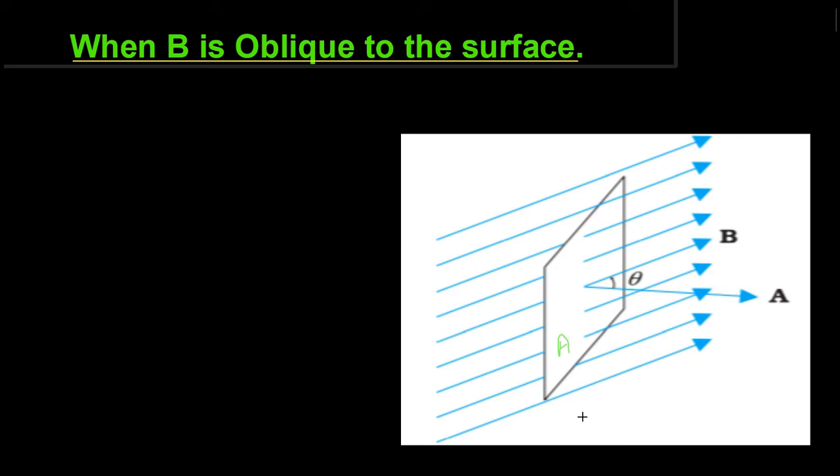Now let us resolve the magnetic field B into two components. One component is along the area vector and the other component is perpendicular to the area vector, or we say that is parallel to the surface.